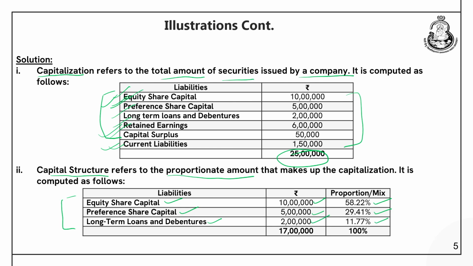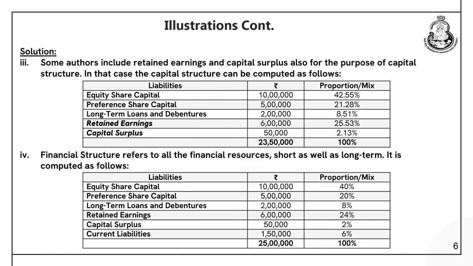So, this is one view, and some authors say that apart from these long term sources, you should also include the retained earnings and capital surplus as far as the capital structure is concerned, right. If we take that opinion into consideration, we will add these two. Now, the mix or the proportion changes slightly.